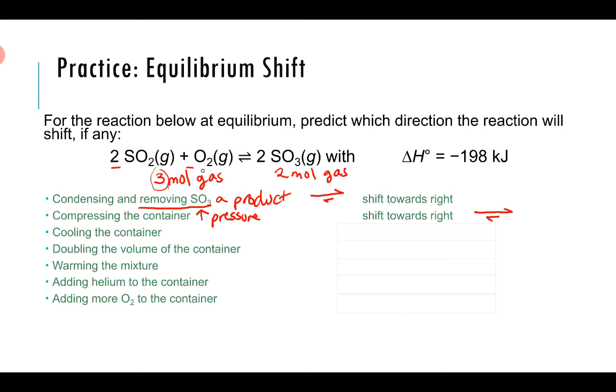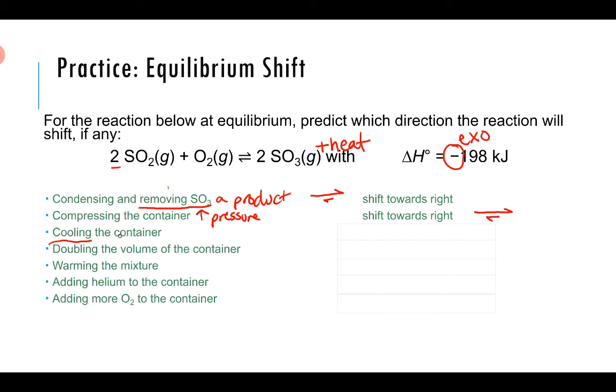All right. Now we have cooling the container. So for cooling the container, we really should look at this delta H value. This delta H value is negative, which means it's exothermic. And so that means my heat is a product.